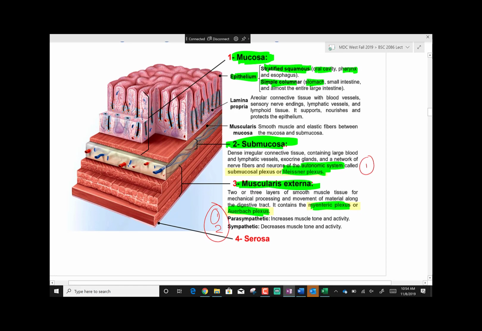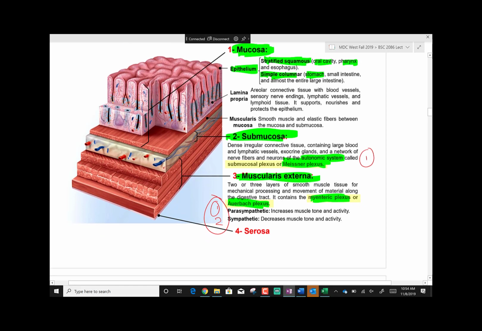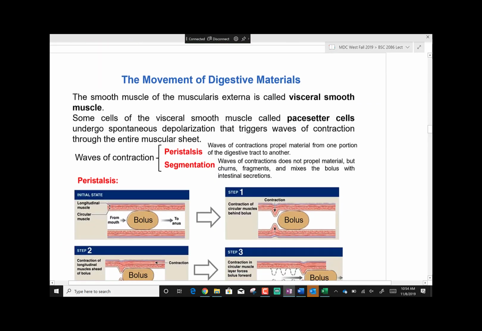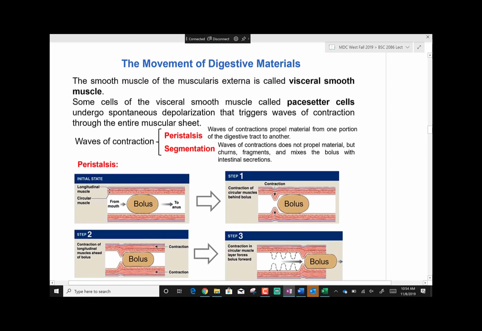Those two provide, one, the nerve impulses, and the other, the muscular contraction of the muscularis externa. Both together allow you to create waves of contraction, which is known as peristalsis.